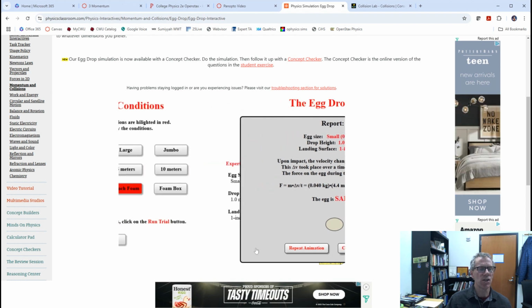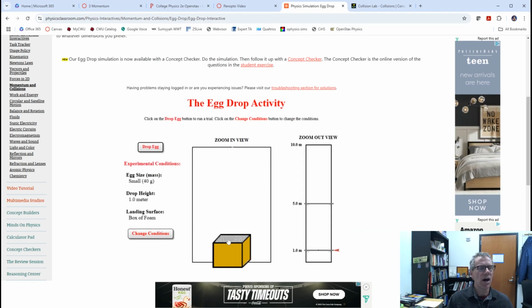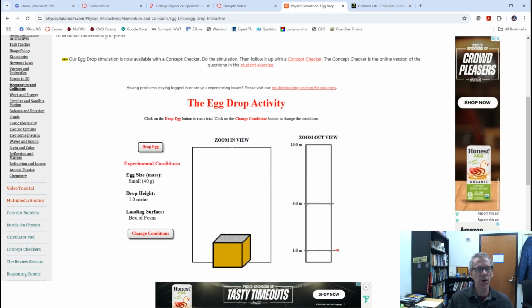So I'm going to change the conditions again. I'd like you to just take a minute, and now we're dropping the egg from a meter. We're probably raising it up a little bit because that's a pretty thick foam box, but we're dropping it 1 meter. So guess in general what you think the force acting on that egg would be. For sure, is it going to be more than 44 newtons, between 44 and 4.4, or less than 4.4?